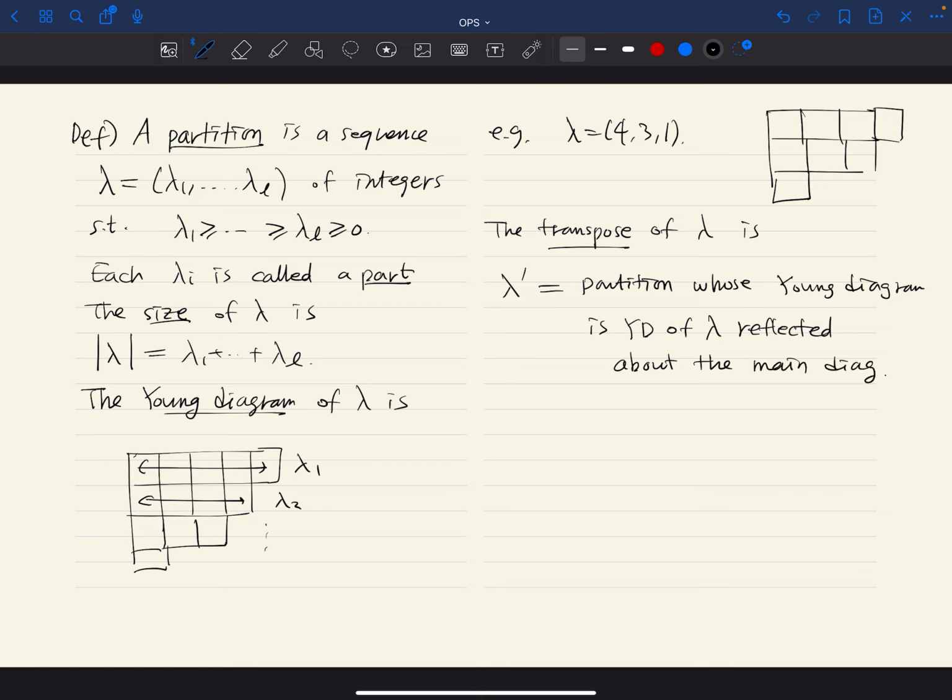For example, if lambda is 4, 3, 1, you just flip this along the main diagonal, then you get something like this: 3, 2, 2, and 1. So lambda prime will be 3, 2, 2, 1. So quite simple.